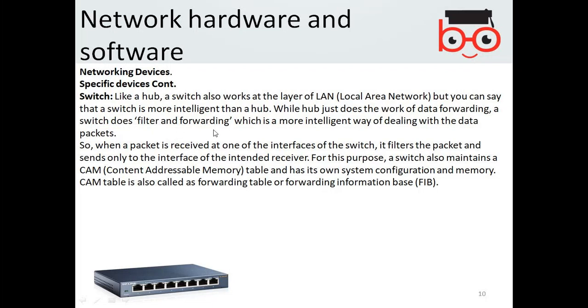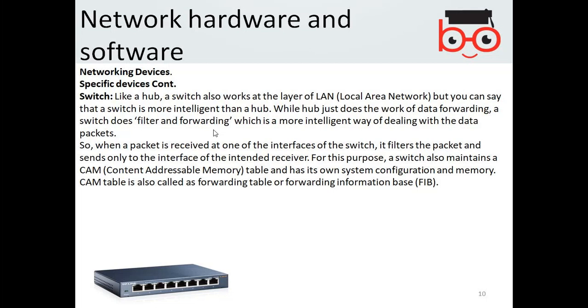So the switch did not repeat and send the data packets to every host on the network, but it filtered first to whom it wants to send, on which port the data is to be sent. Then the switch forwards, which is a more intelligent way of dealing with the data packet.